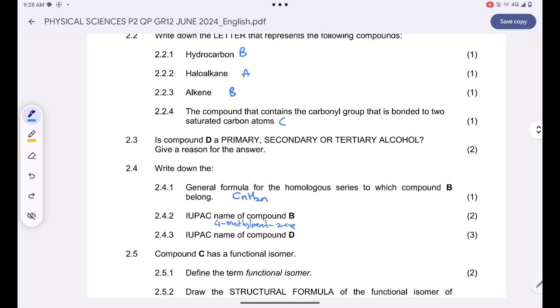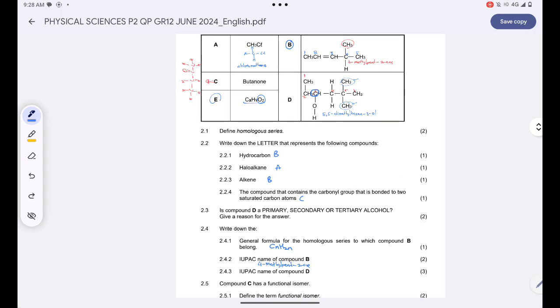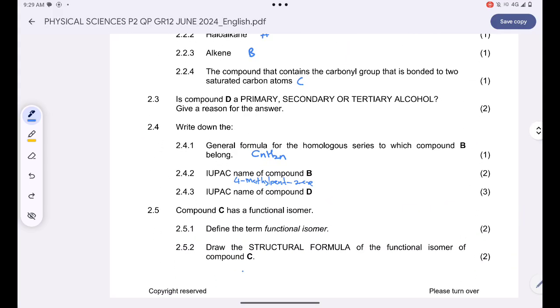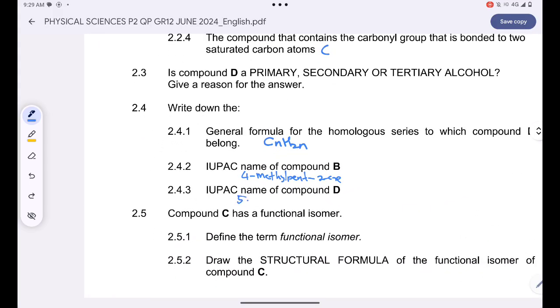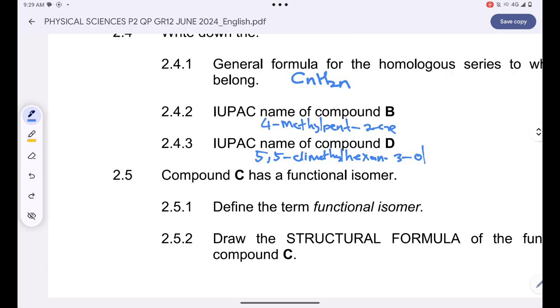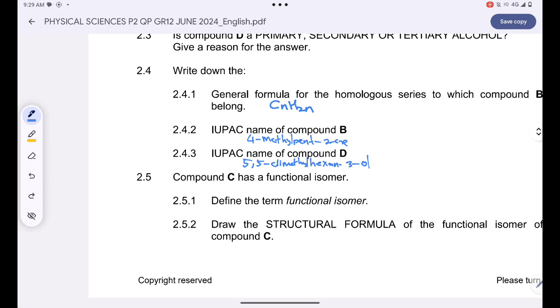And then the IUPAC name for compound D, we said it's 5,5-dimethylhexan-3-ol. Okay.